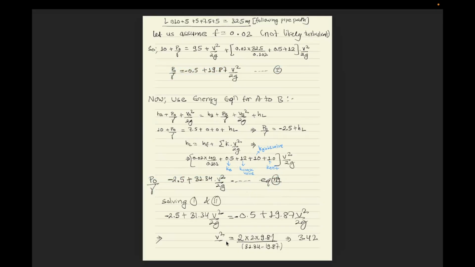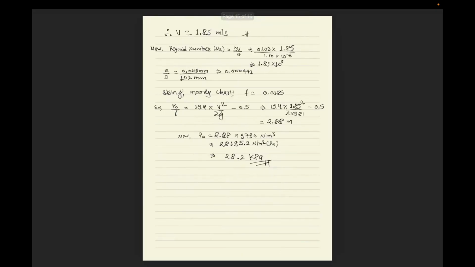When we solve that, b will be equal to 3.42. So now let us use this value of b in equation 1. What we got? b is equal to 1.85 meter per second, and since we now have velocity, we can verify our assumed friction factor with the friction factor obtained from the Moody chart.